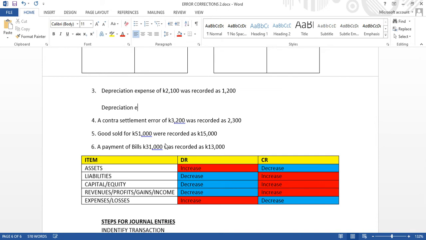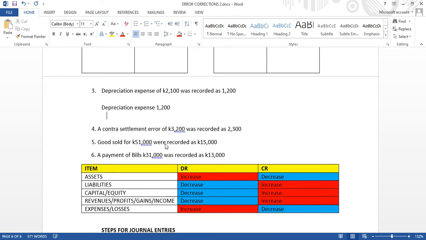So I'm going to debit here 2,100, instead of the understated 1,200, and you credit accumulated depreciation. This is the journal entry for depreciation.